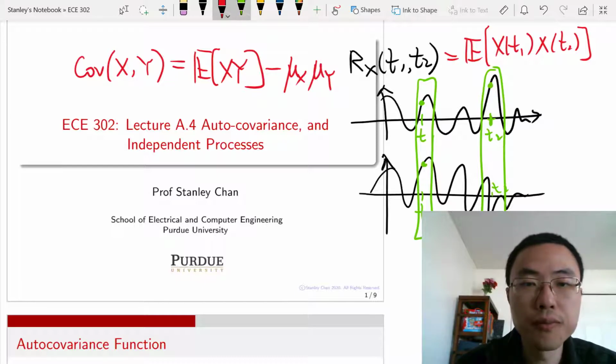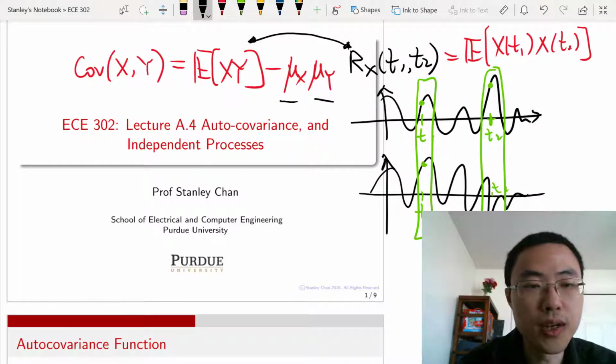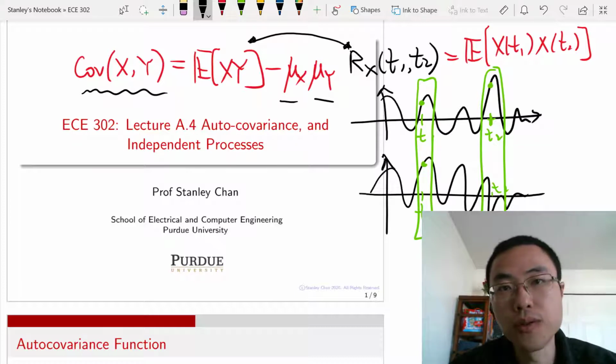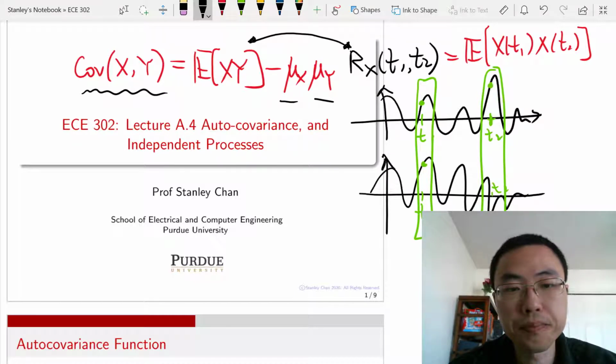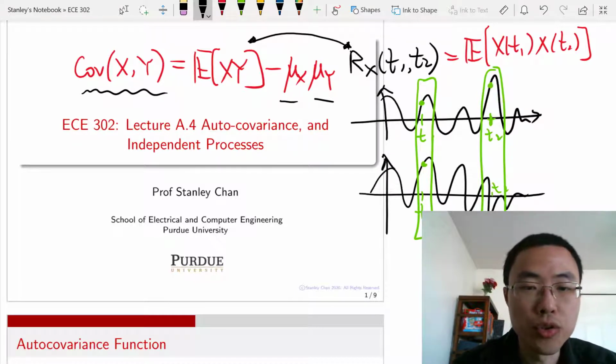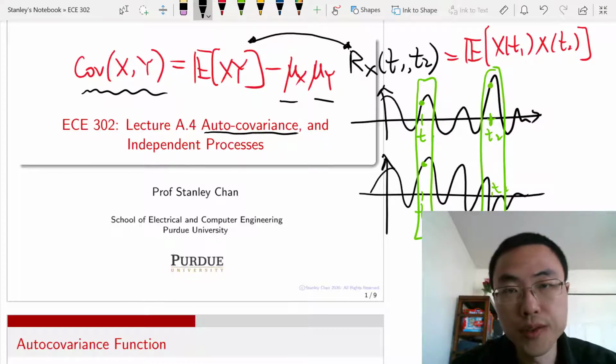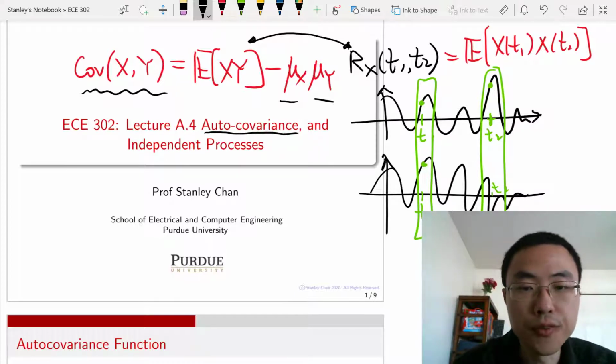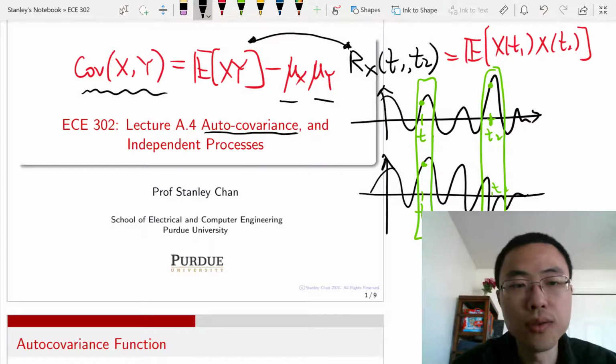So if we have mapped this autocorrelation function to this joint expectation of x and y, which is the correlation, then by subtracting the mean, we will be able to define something similar for this covariance function. So in this lecture, we're going to learn about this autocovariance. The second half of this lecture is the introduction of independent processes, meaning in what situation you will get zero covariance.